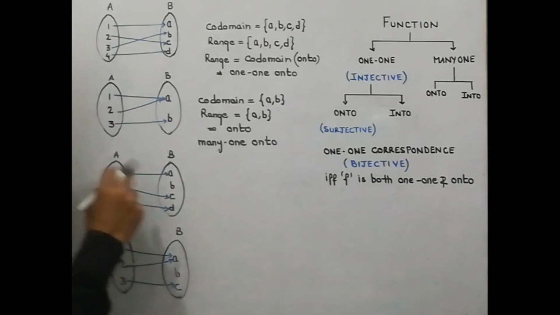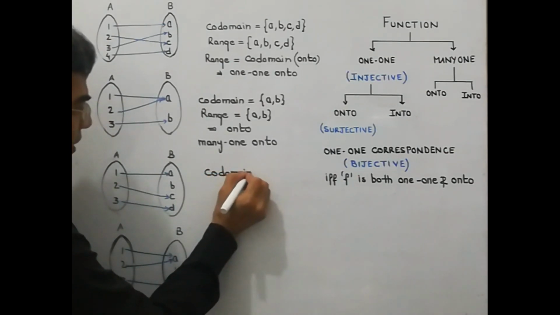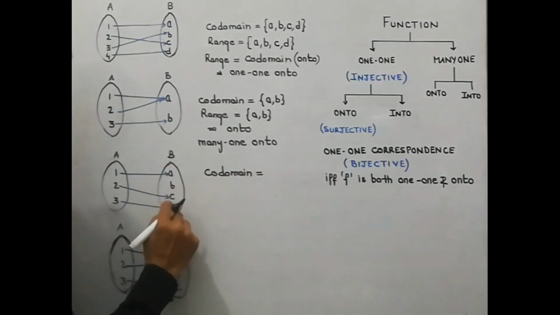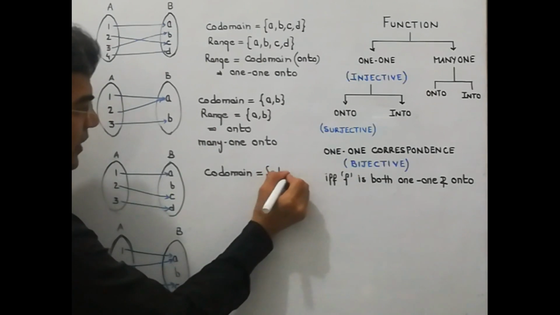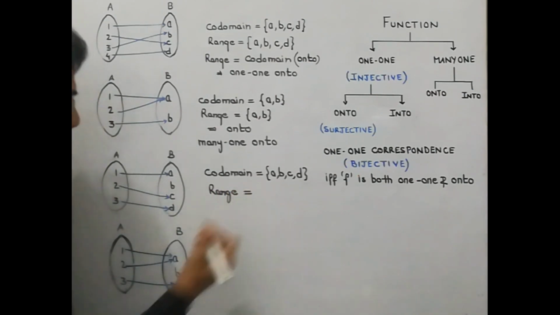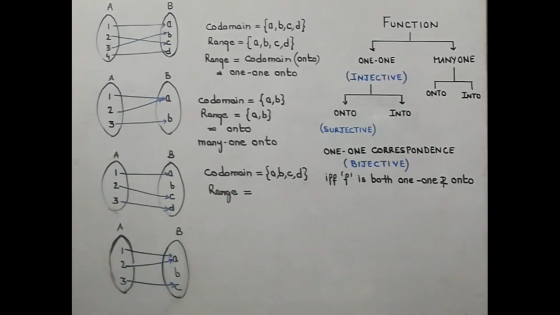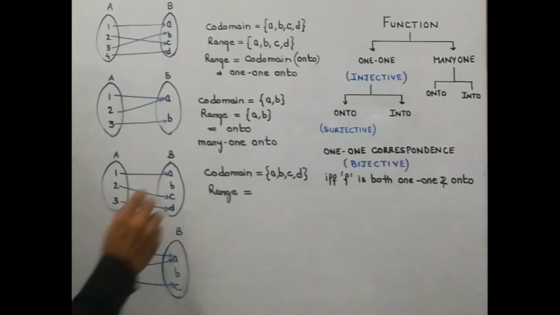But if I ask you to write down the codomain here, then codomain is A, B, C, D, all the elements in the codomain set B. And if I ask you to write the range, then for range you have to write only those elements in the codomain which have pre-image. As you can see in the third diagram, A is having the pre-image, C is having the pre-image, D is having the pre-image, but B is not having any pre-image. So this will not be range.